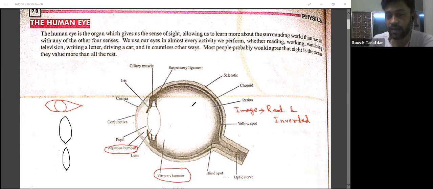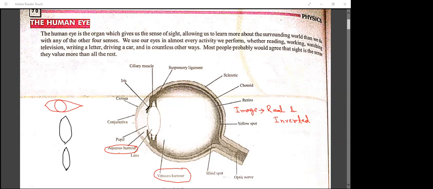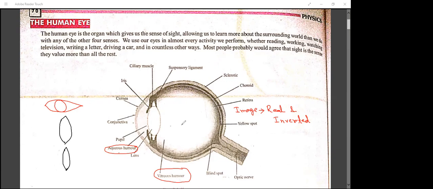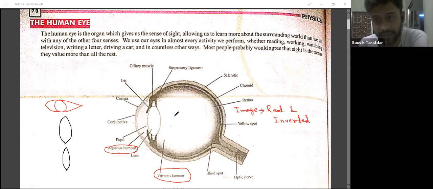The liquid on the left side of the lens is known as aqueous humor, and the liquid on the right side of the lens is called vitreous humor. Understood? And let me tell you, different liquids mean different refractive indices.